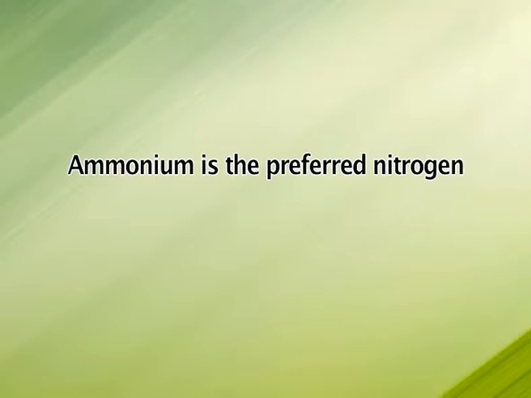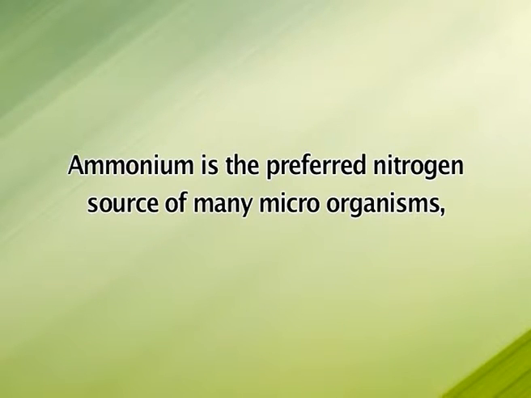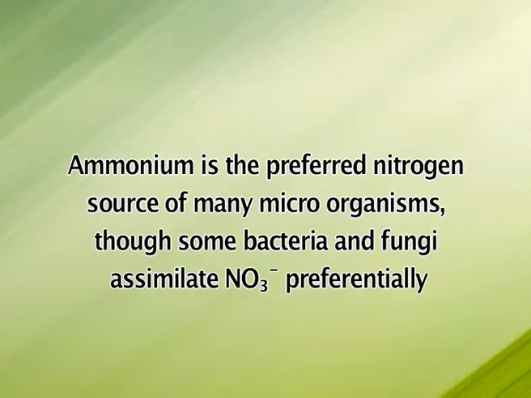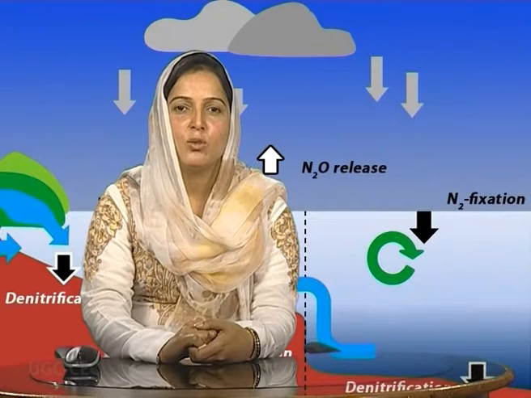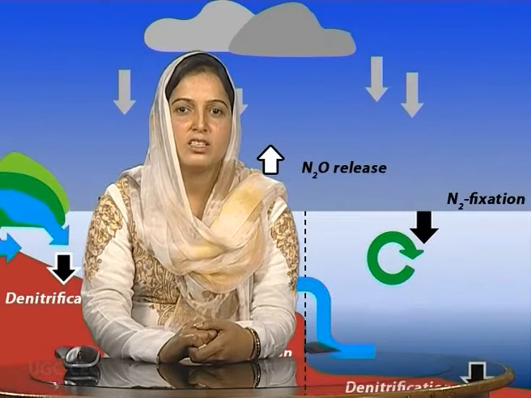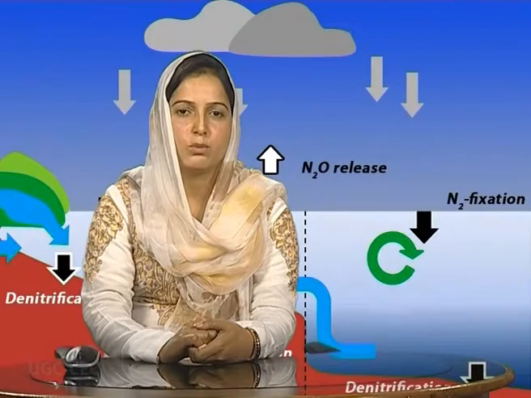Ammonium is the preferred nitrogen source for many organisms, though some bacteria and fungi assimilate nitrate preferentially. Ammonium binds to cation exchange sites in soil and remains readily available for plant uptake. However, it may be immobilized in the interlayers of soil clay particles such as vermiculite.